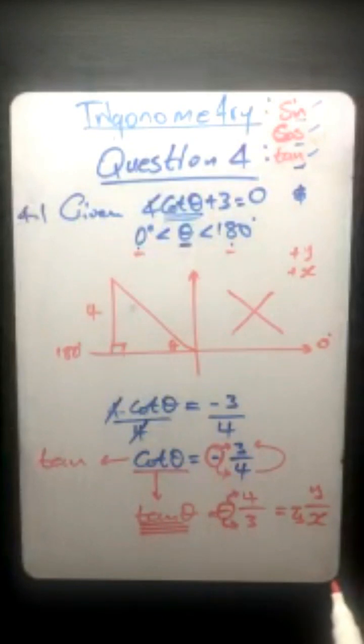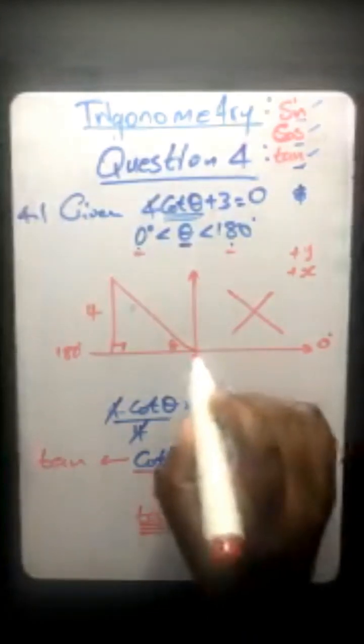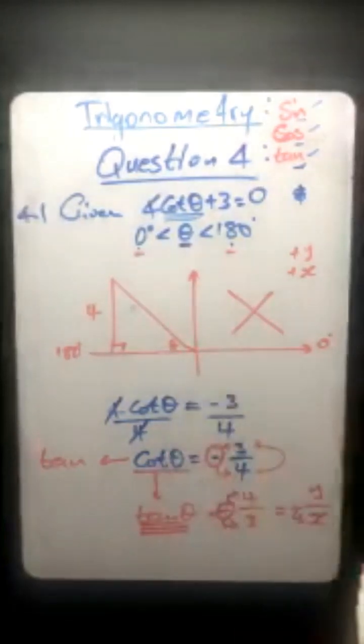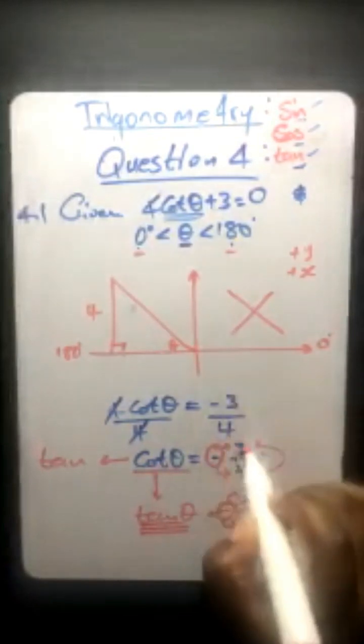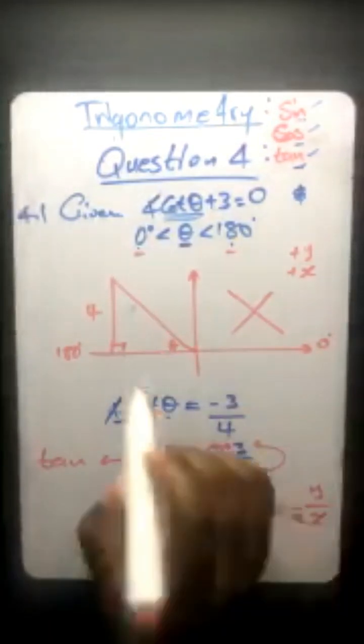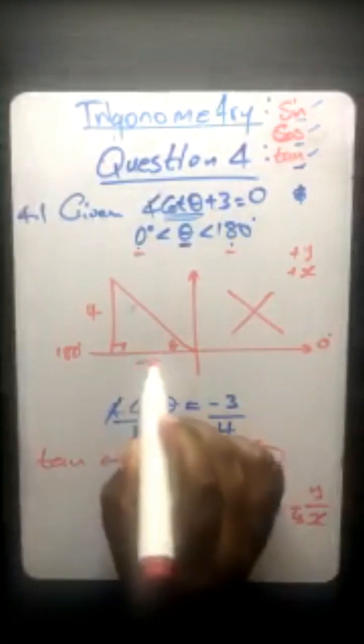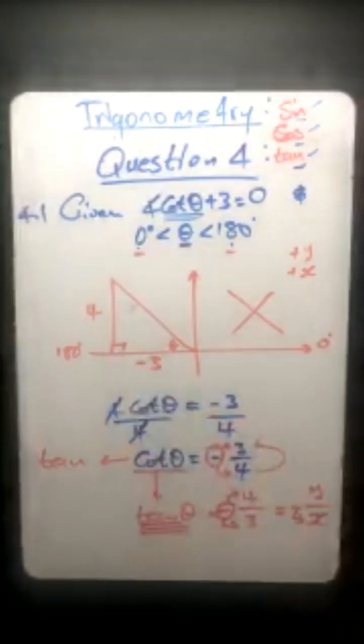In some instances, it might belong to y, obviously if you have it in that quadrant where your y is negative but your x is positive. So now you have your x there being negative 3.